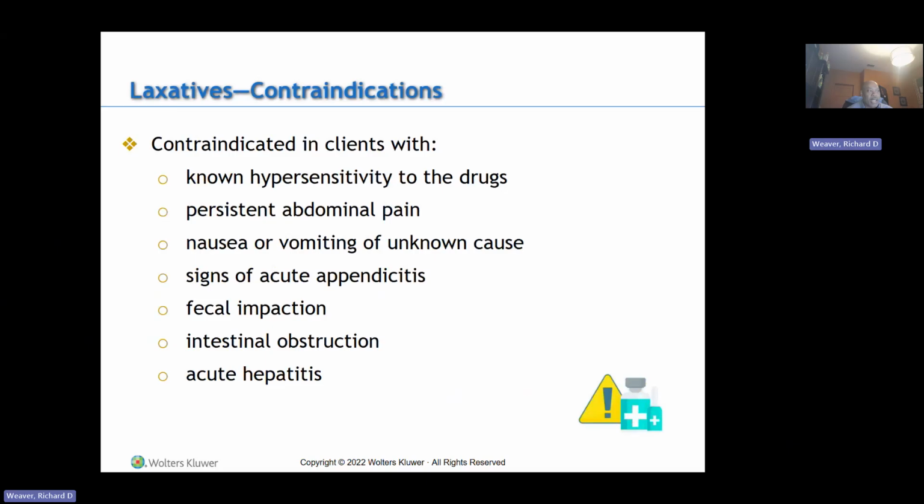If they have a fecal impaction, the laxatives probably won't do very much. Also, if they have an intestinal obstruction, you may cause the stools to be softer, but because of an obstruction, it's still not going anywhere, especially if the obstruction is very severe. And also those patients with acute hepatitis, it would be contraindicated to give these medications.